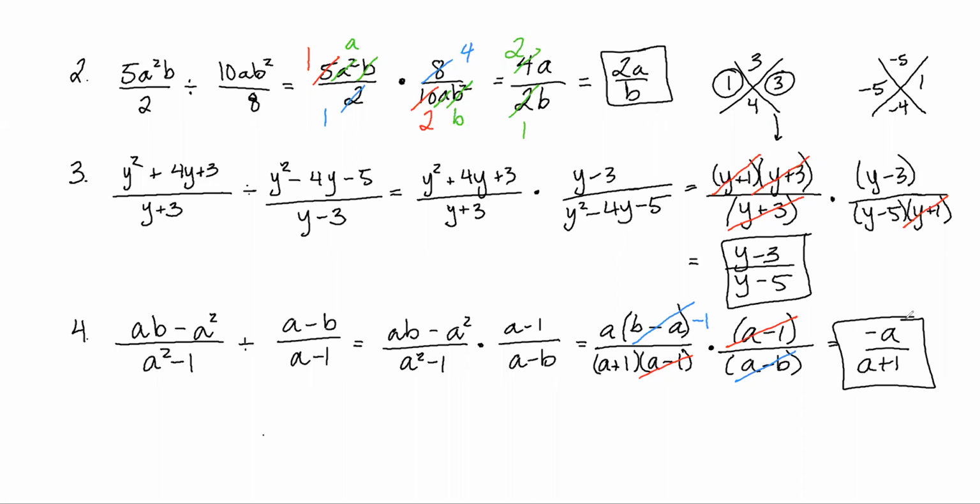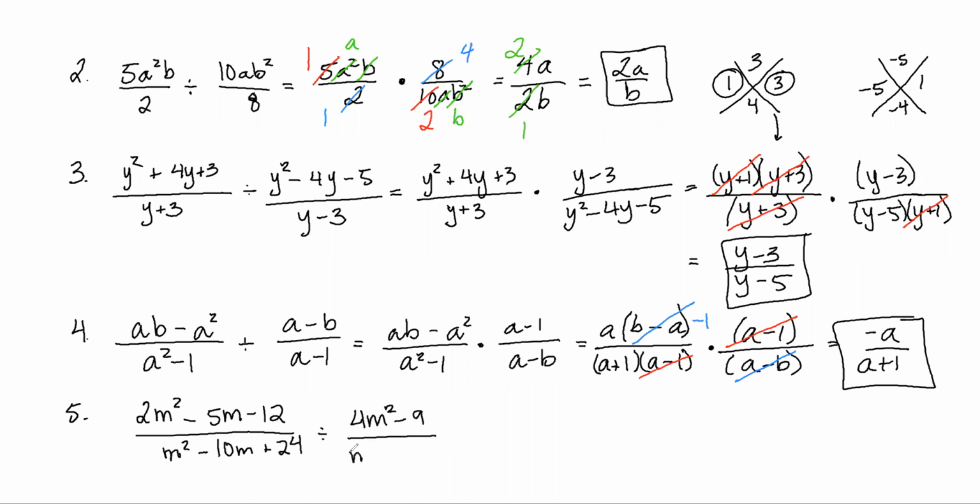I'm going to write this example here, and we can go over this in one of our Zoom sessions. So this one here, 2m squared minus 5m minus 12 over m squared minus 10m plus 24 divided by 4m squared minus 9 over m squared minus 9m plus 18.